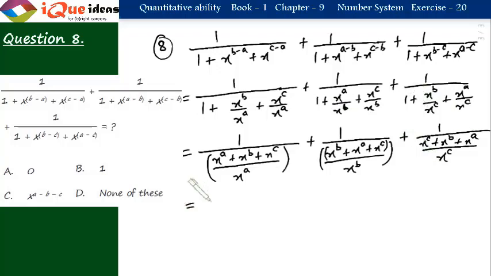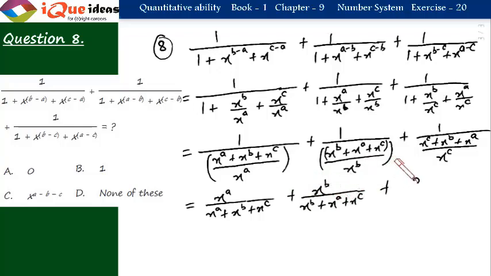So we will have x raised to a divided by x raised to a plus x raised to b plus x raised to c, plus the second one will be x raised to b divided by the same thing, x raised to b plus x raised to a plus x raised to c. Now the third one will become x raised to c divided by x raised to c plus x raised to b plus x raised to a.